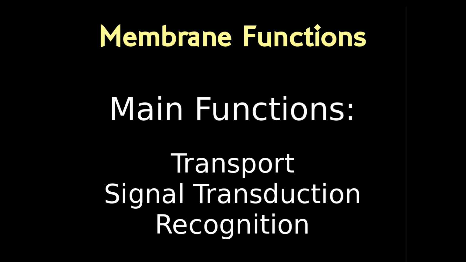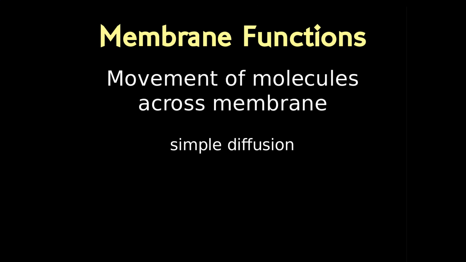So let's begin with the first of these and talk about cell transport specifically and see how that happens. There's a couple different ways that it can. The first is just simple diffusion. Things can just simply diffuse right across the cell membrane. No need for transporters, no need for channels, just diffuse right across.